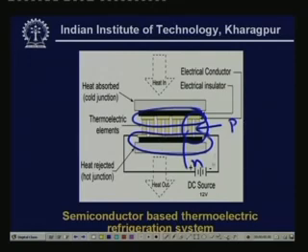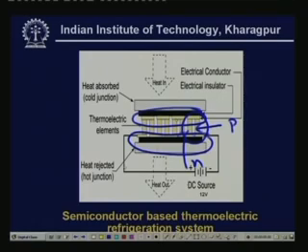As I mentioned, as electrons flow from P to N, they produce a cooling effect. So you have cooling on this side. And when it flows from N to P, you get a heating effect. So you can see that this junction is hot. By designing them in this manner and stacking them together, you get cooling on one side and heating on the other side.